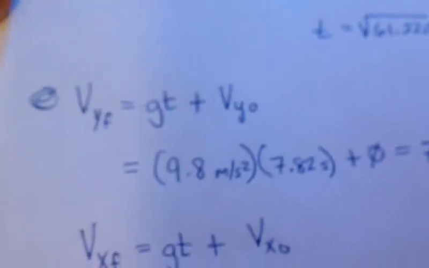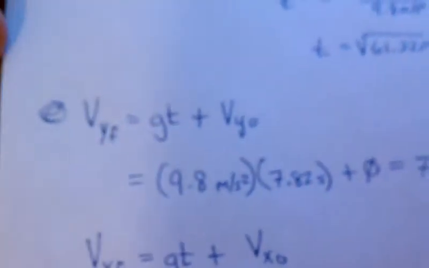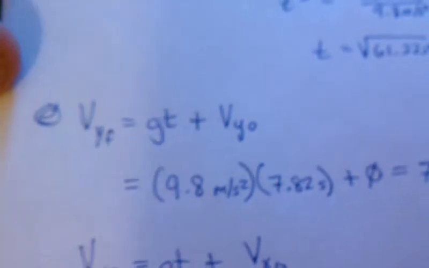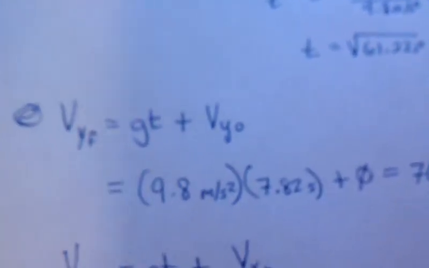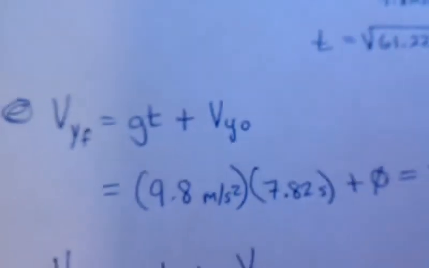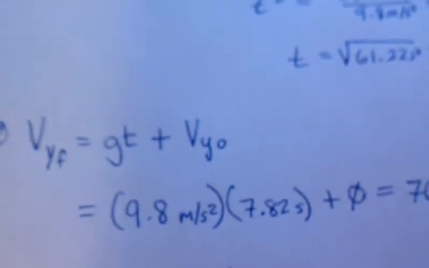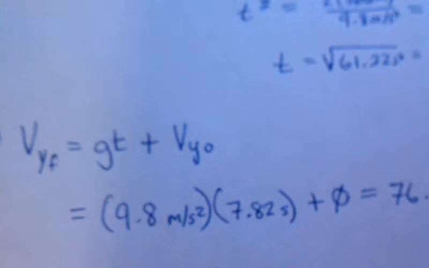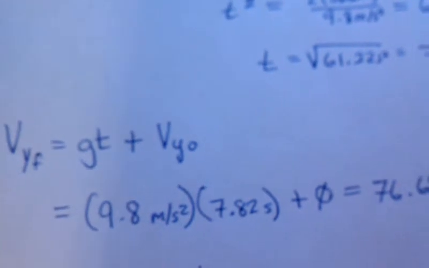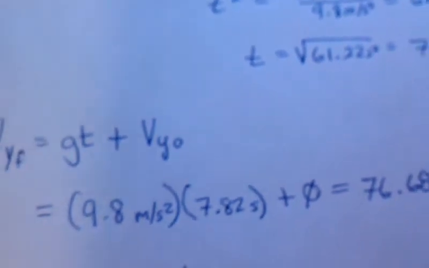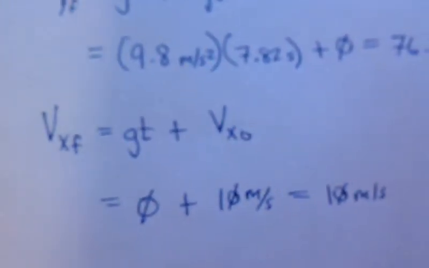Now the total velocity. The total velocity is just kind of like the Pythagorean theorem. Actually, it is the Pythagorean theorem, but we find out what each component is. So the final velocity of y is gravity times time plus the y original point. And the y original point was 0, so it's 9.8 times 7.82 plus 0 equals 76.68 meters per second. x is just 10 meters per second.